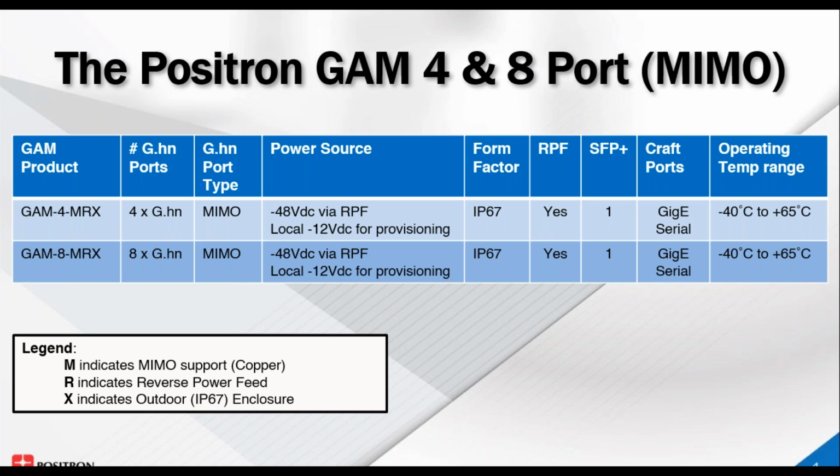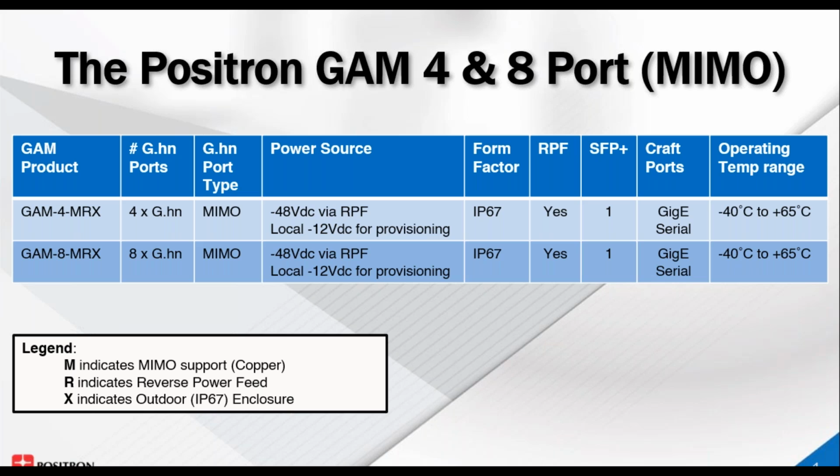We will add to the list very shortly, within the next couple of weeks, a version that also supports a local 12 volt input with an AC/DC power adapter. That is useful for cases where the unit is outdoors or could be indoors, but there is a local power source, so we don't need to worry about reverse power feeding. You can leverage an existing power source.